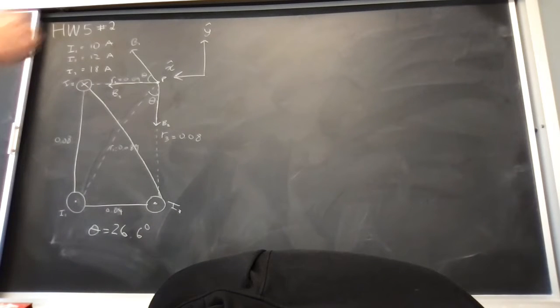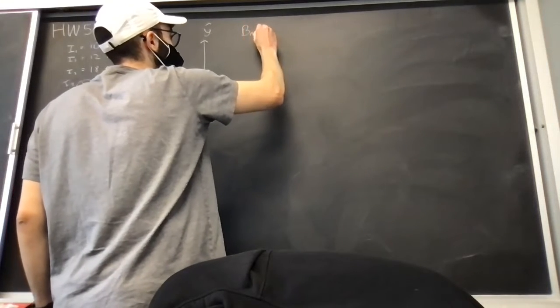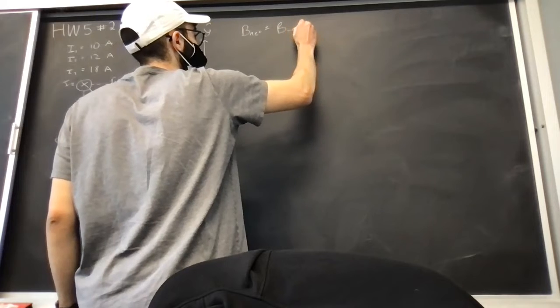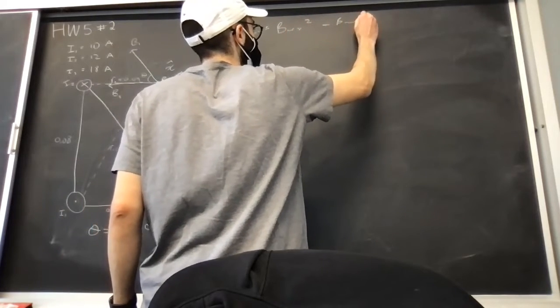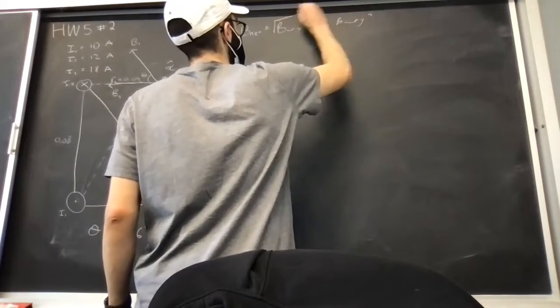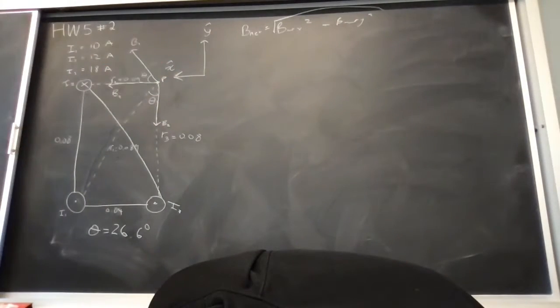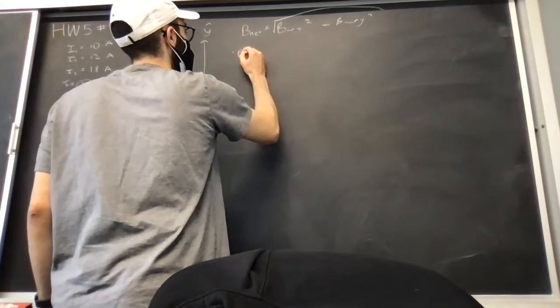At this point, we know we're going to be using this equation to solve for that B net. So let's start with everything in the x direction.